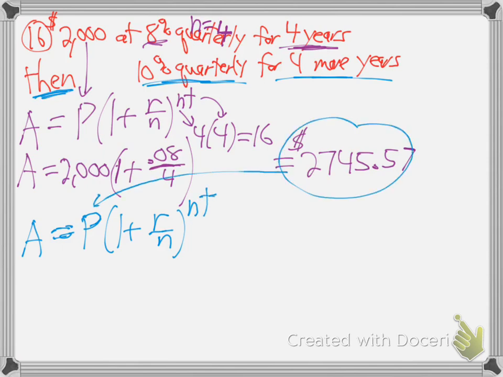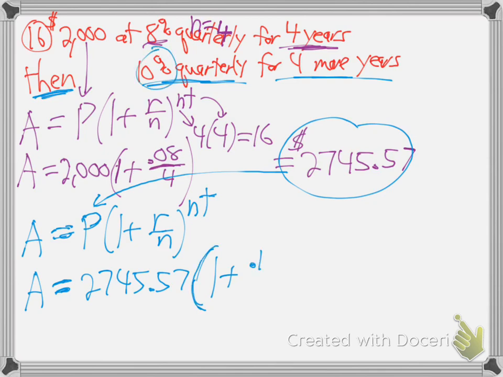That's going to be the new P. That's now we're starting with that as our investment the second time, times 1 plus R, what's the rate? 10%. Over N, what's N? Quarterly again, so N is 4 again. And it's 4 more years. So this is 16 power again.